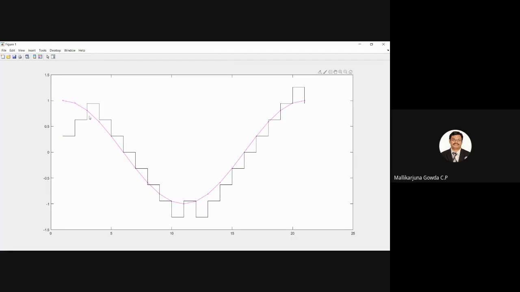So it will again be incremented by delta, means it will be encoded by 1, right? At 3Ts, x hat of nTs will be more than x of nTs. So now it will be decremented by delta, right? Yes or no? So I have done this much.